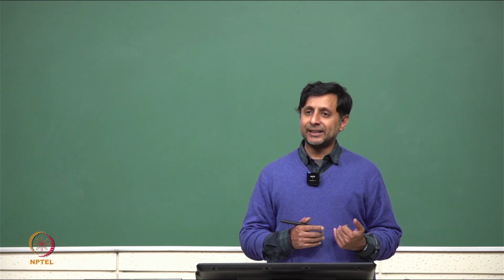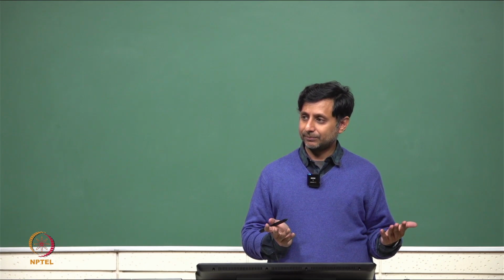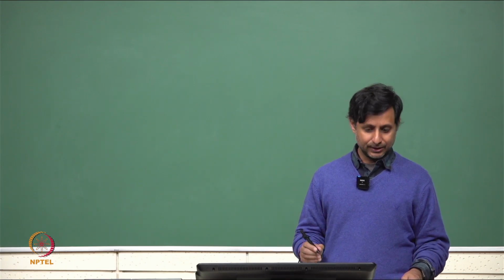If you know one set of parameters, can you find out another set of parameters? For example, if you know the Z parameters, V1 is equal to Z11 I1 plus Z12 I2, V2 is equal to Z21 I1 plus Z22 I2.